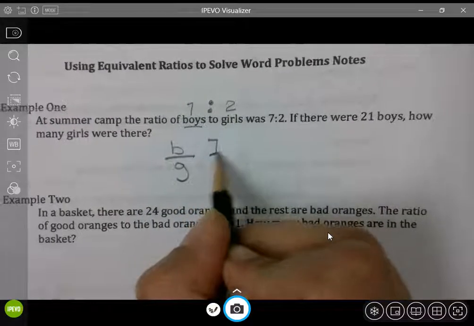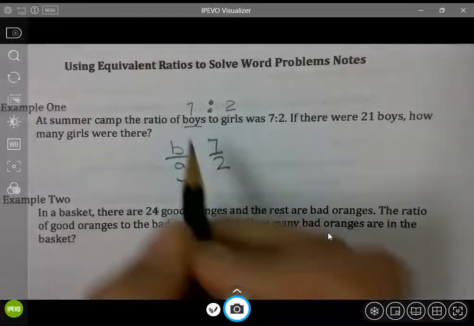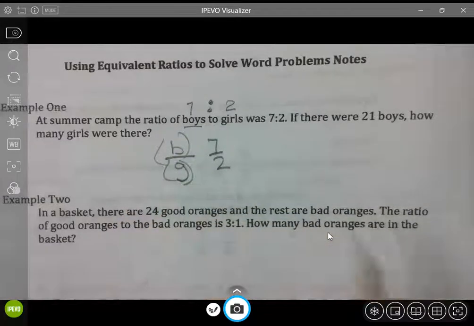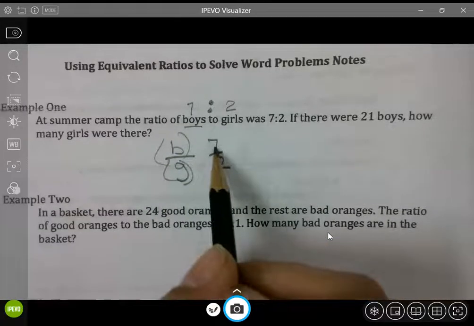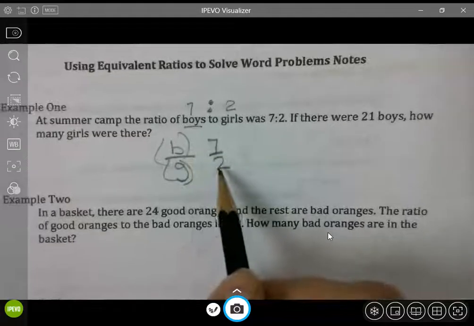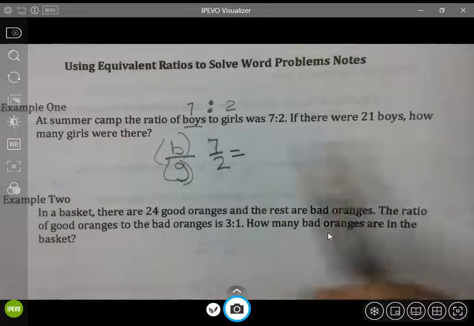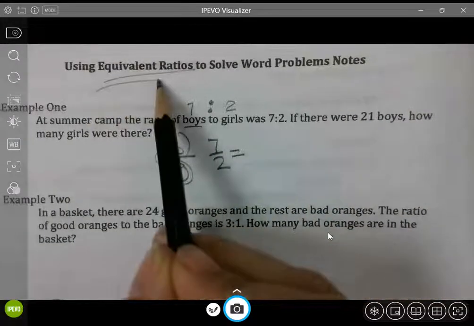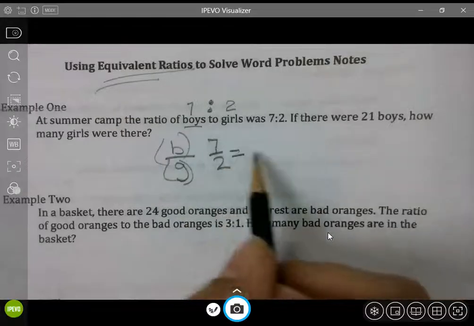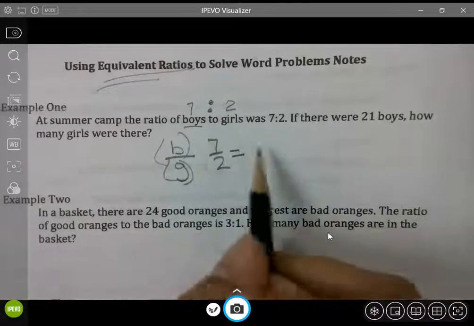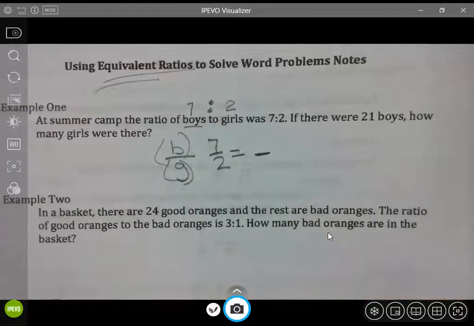And then you have 7 over 2. Whether you want to put them in parentheses, something so you know that this 7 is the boys and you know that the 2 is the girls. And for equivalent ratios, I want the same ratio between my 2 numbers.